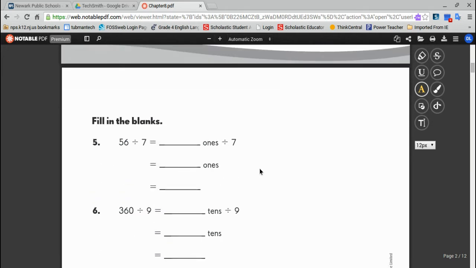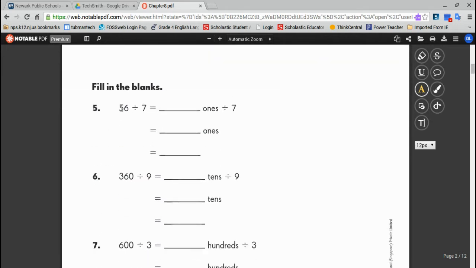We're going to do page 148. Number 5, 56 divided by 7 equals blank ones divided by 7. Well, when we have 56, we know we need 56 ones divided by 7. So over here we have 56 ones divided by 7. Now we're going to do 56 divided by 7, so we need our 7 multiples.